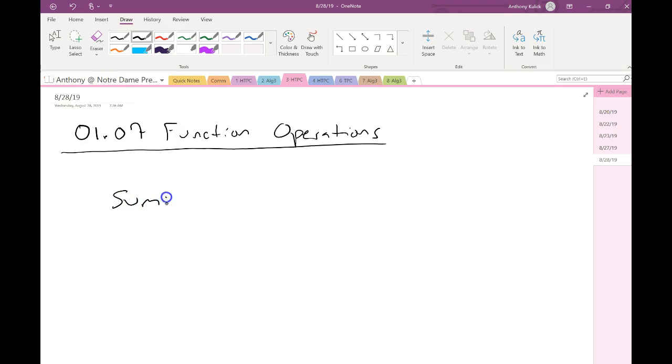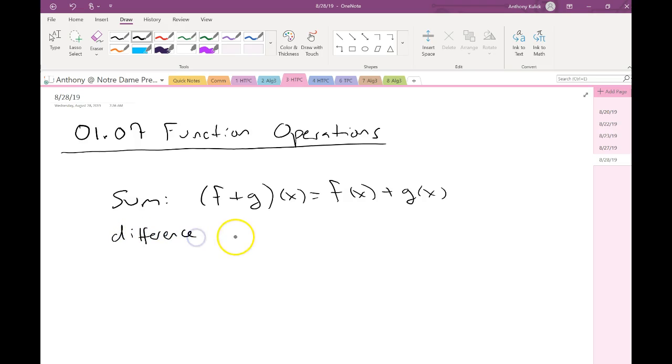So the function f plus g of x, I can calculate by just doing f of x plus g of x. Difference: if I have the function f minus g of x, that's the same thing as doing f of x minus g of x.